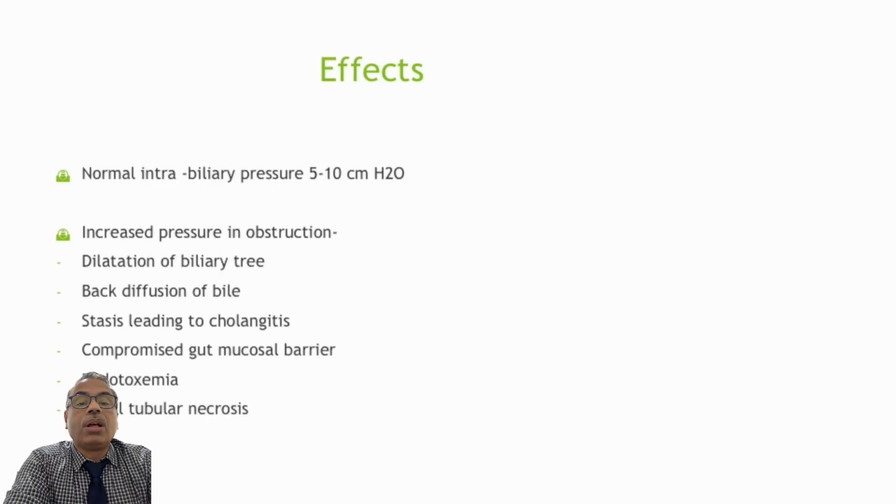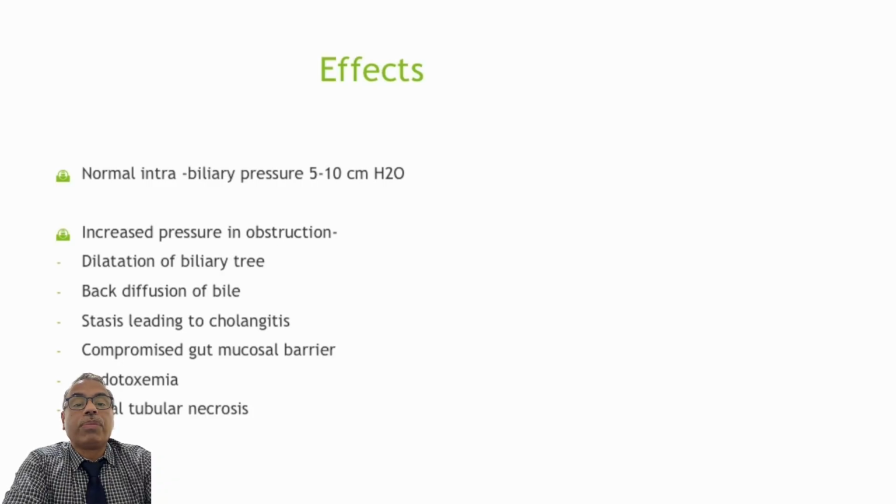Most of these flora, especially the gram-negative bacteria, translocate across the gut wall because of a compromised gut mucosal barrier, which occurs in a patient where there is no bile in the small bowel.